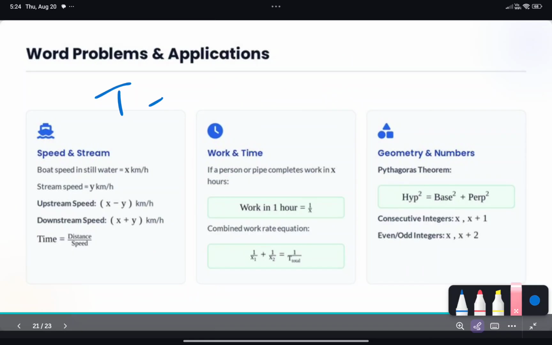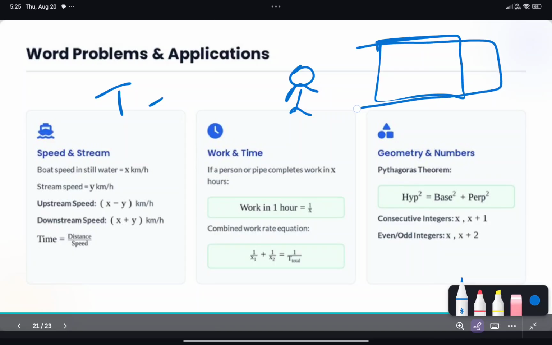Done? If a person or pipe completes work in x hours, for example, one person is there. That person completes this piece of work within 20 days. How much work does he do in one day? How do we find it? If a person or pipe completes the work in x hours, go with hours or days, no problem. Here, one person is engaged in this construction.